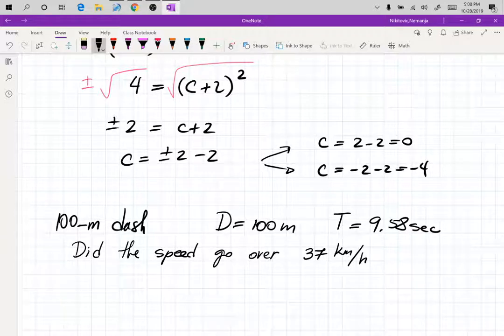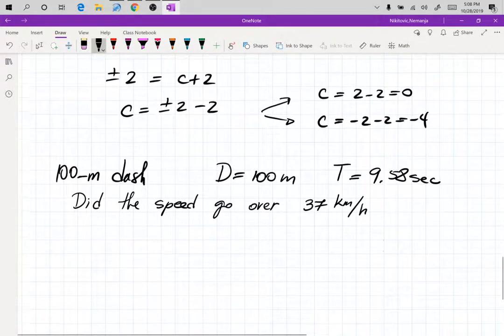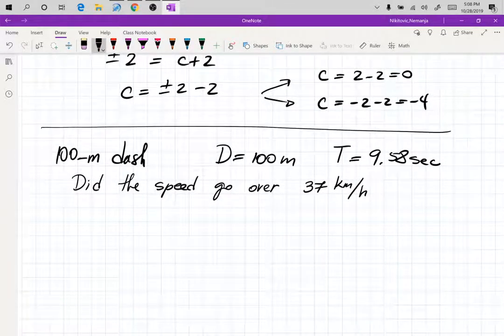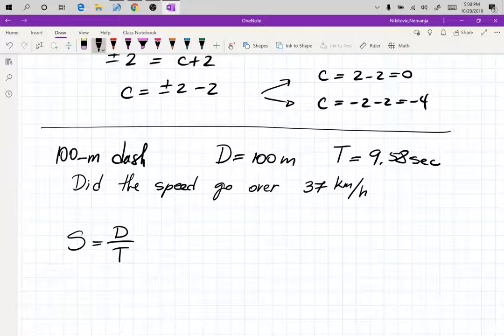So what are we going to do? Well, we are going to do the same thing we did for the police problem up there. You are going to say that the speed is equal to distance over time, and you will calculate the average speed.